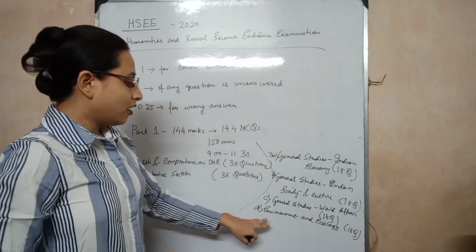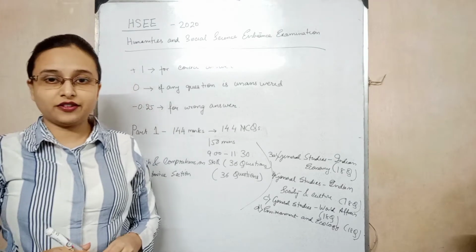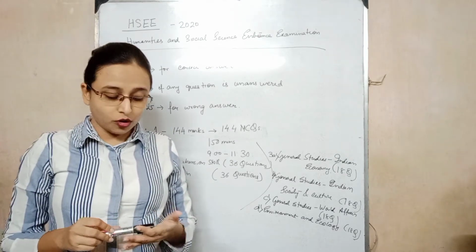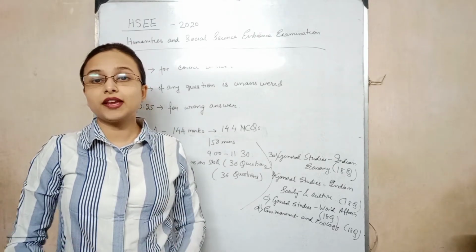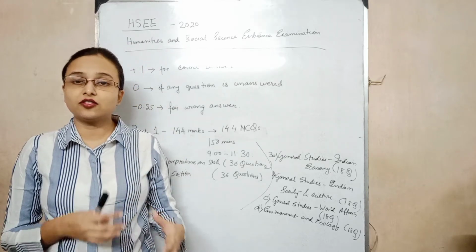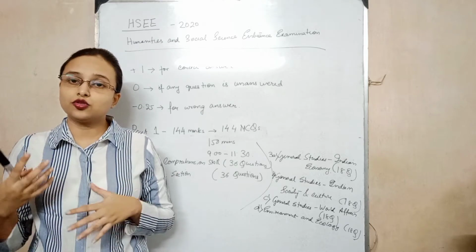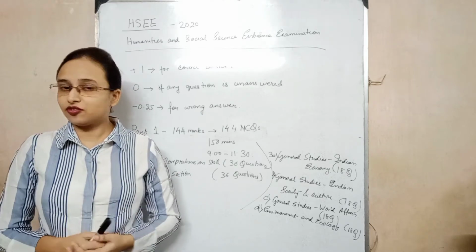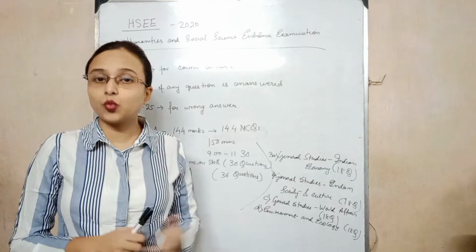Now, here what kind of questions will you be getting? You will be getting questions relating to environment, the various andolans or the things done to protect our environment and so on. So this is all about part 1.